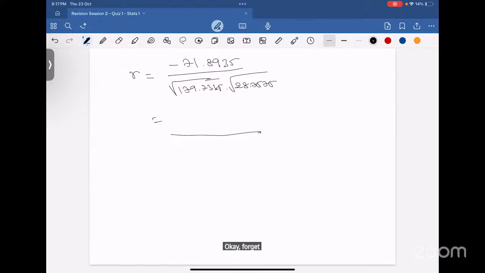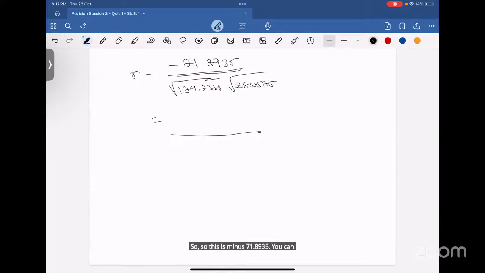Okay, forget about the textbook. Did you compute by yourself? I tried, but I'm not getting the answer. Leave the answer, what value did you get? So this is minus 71.8935.